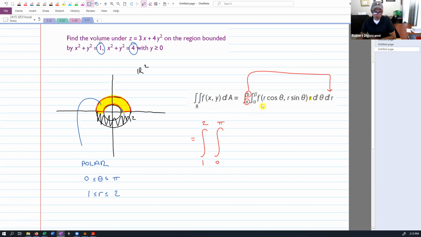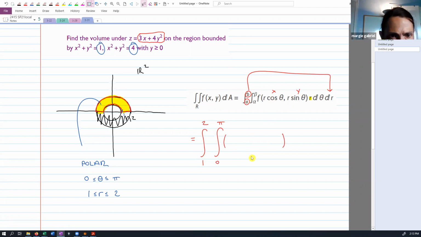Now, Margie, this is the part that you just have to remember. We're going to do the original surface, the function, right? But we have to replace x with this and y with this so that everything is in polar coordinates. So this is our original surface. If I replace x with this and y with this, what would I have inside this integral? You'd have 3, and then you open your parentheses, r cosine of theta.